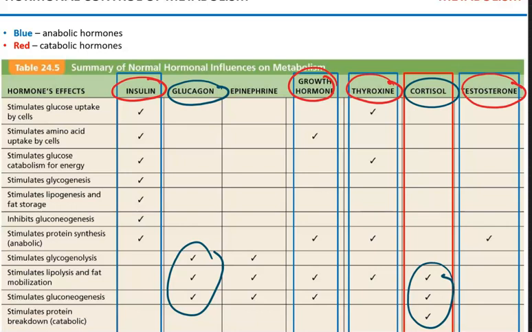Am I clear? So one of the reasons why high intensity short-term training is better for weight loss and weight management compared to low intensity endurance exercise. Think about this. If you exercise really hard for like 20-30 minutes, you have minimal stimulation of glucagon and cortisol.